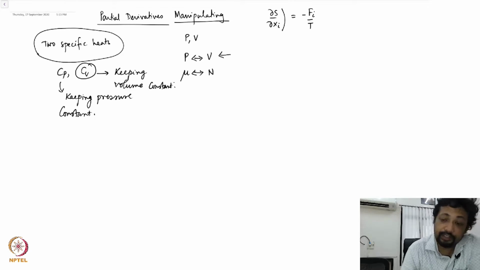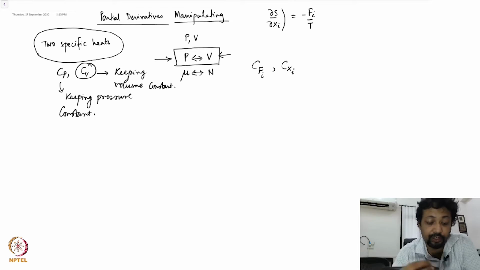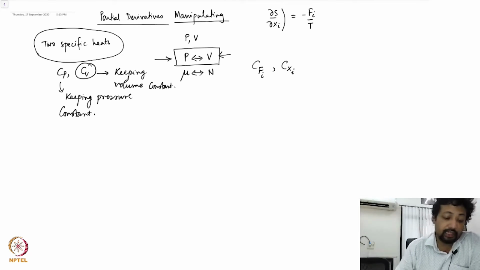For any arbitrary thermodynamic system, one can have CFi and correspondingly Cxi. For a hydrostatic system, this is very easily experimentally accessible, and therefore one defines this. So now, first, I want to find out what this ratio is, number one.